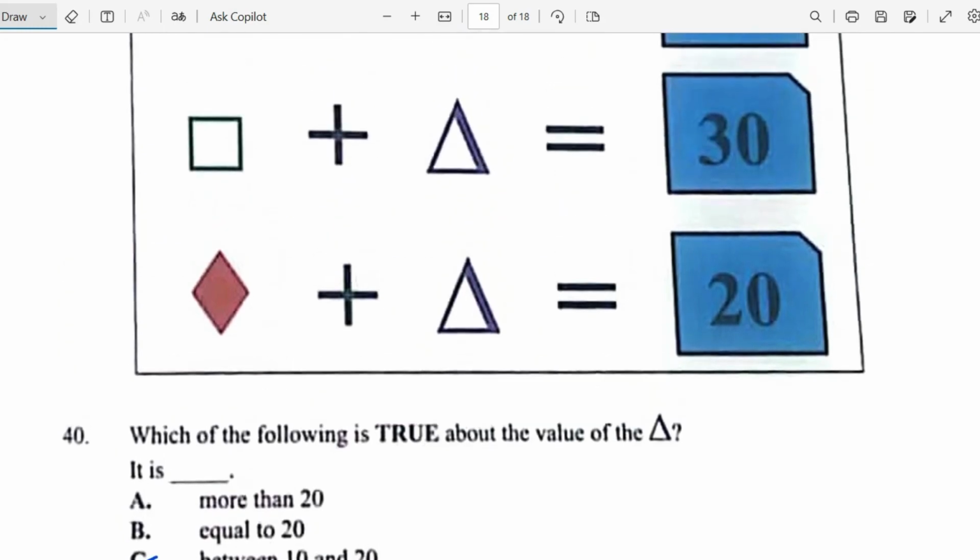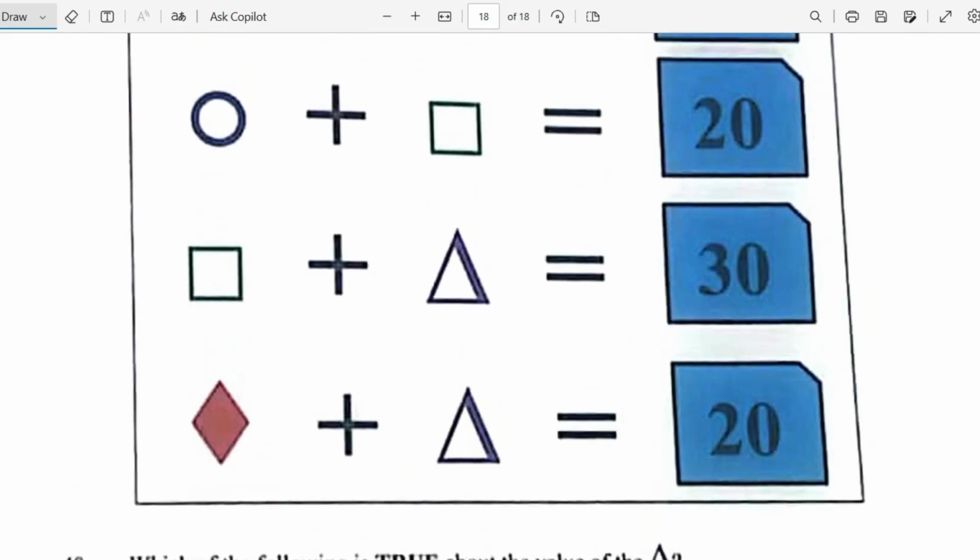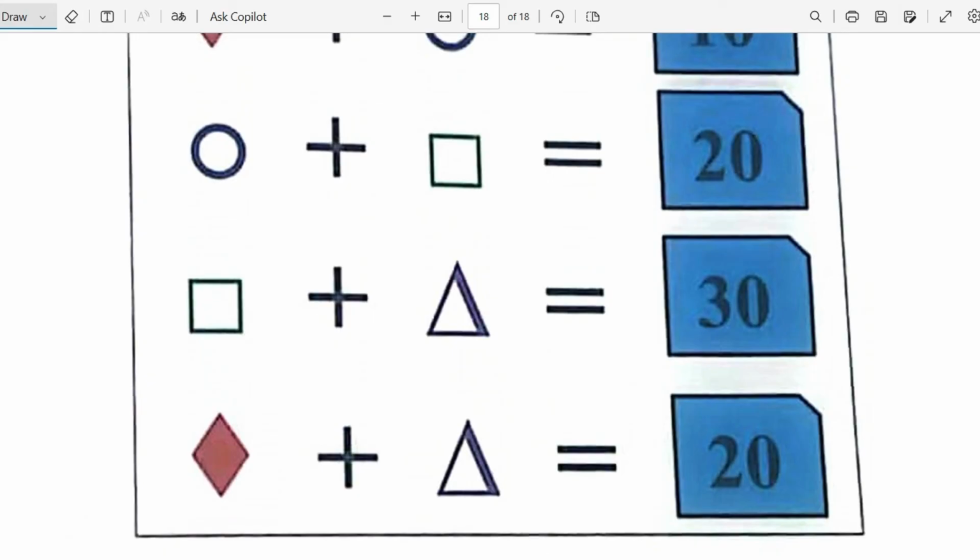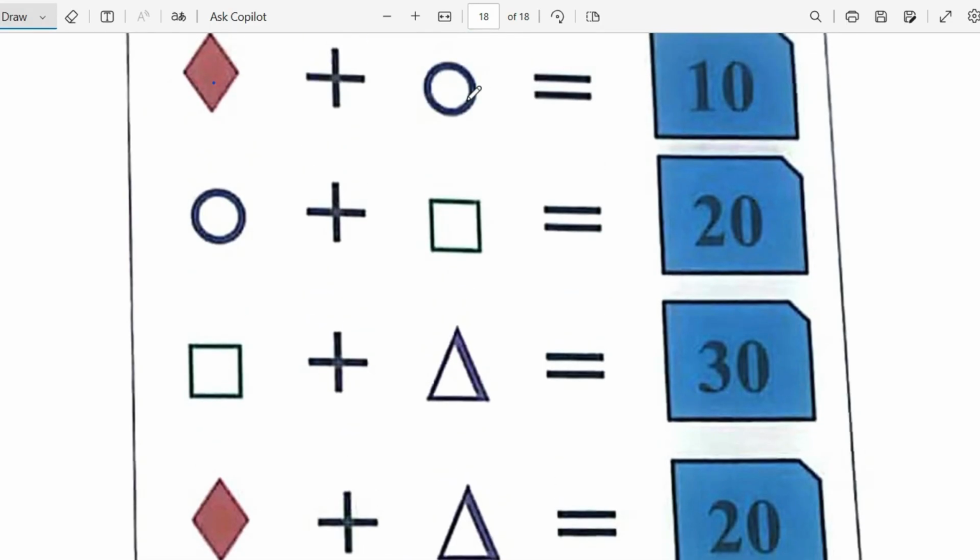We spoke about it, but I'm just going to reiterate. When we see here where both of these values would give 20, right? And we saw up here that the circle was less than 10. Yes?